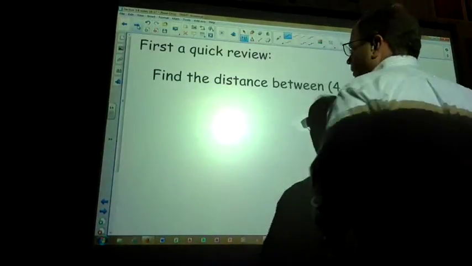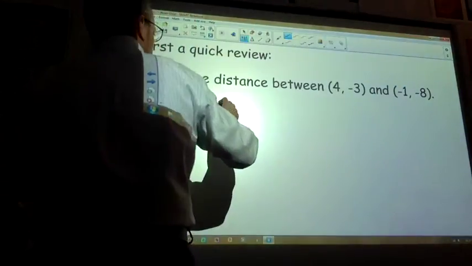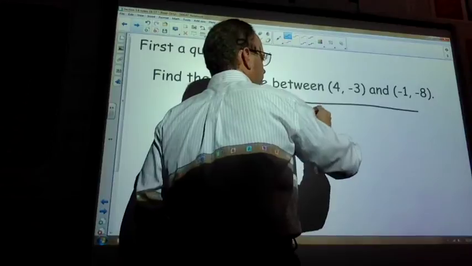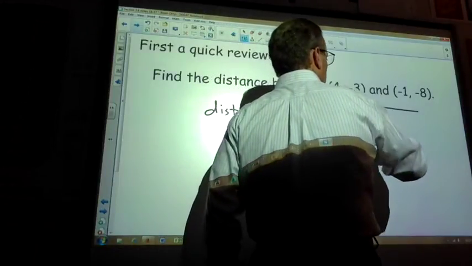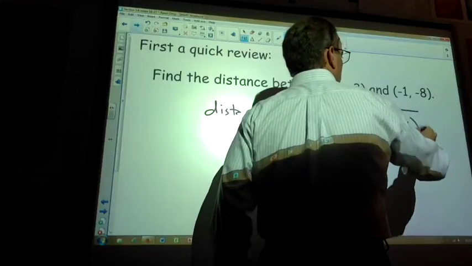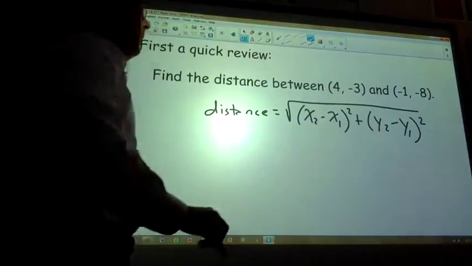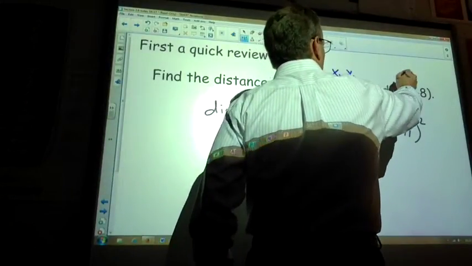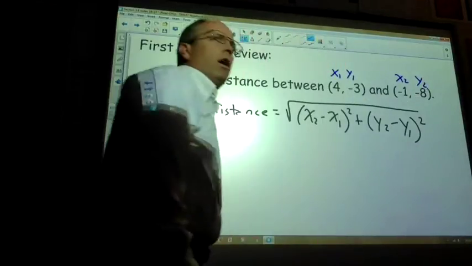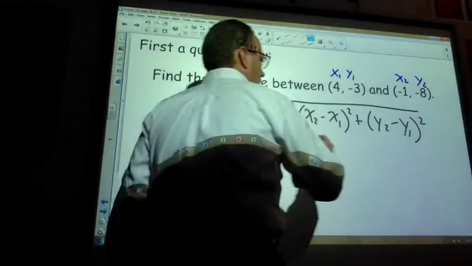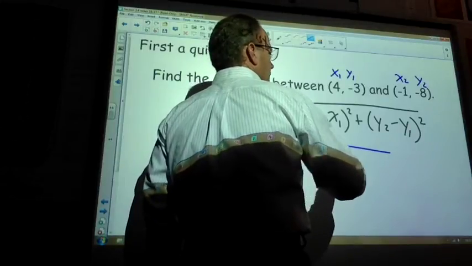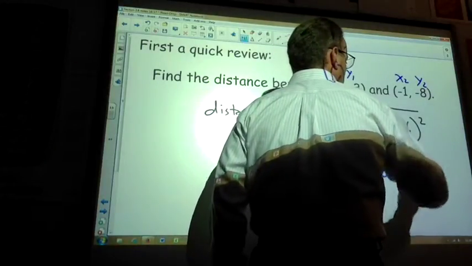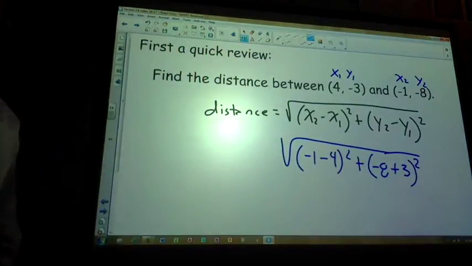First, quick review. So the distance formula is this. That's the distance formula. A lot of people say it looks like a face. I just know the equation. X1, Y1, it doesn't matter which order you label them in, as long as the X's go with the X's and the Y's go with the Y's. Let's plug them in. So I get -1 minus 4 quantity squared plus -8 plus 3 quantity squared. Agree? And why is it plus 3?